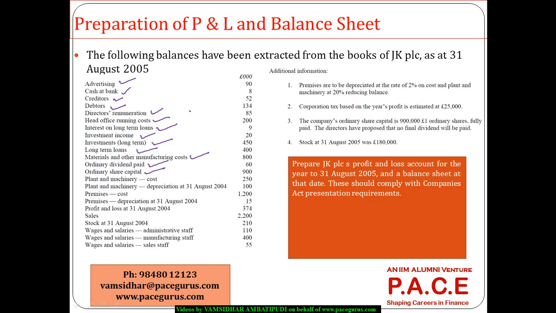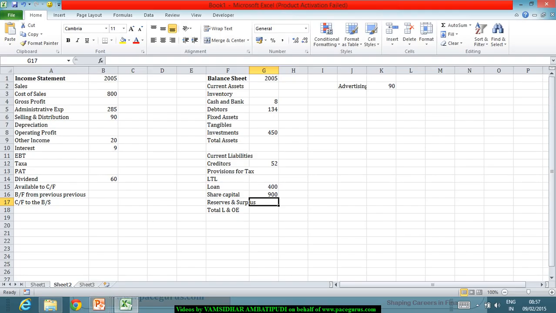Then plant and machinery, the cost of it is 250. Right, plant and machinery, which happens to be a fixed cost. The plant and machinery, which is a part of your fixed assets, is coming out to be 250 at this moment.